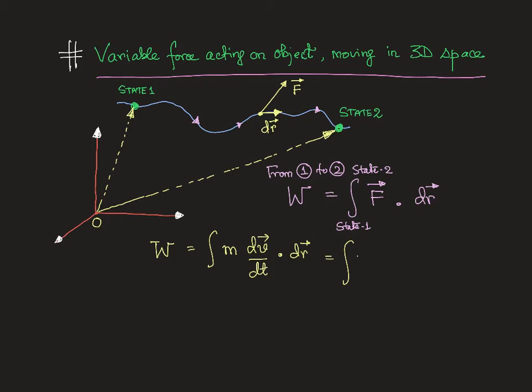Now here again I can shift this dt below dr, so this is dr by dt, and dr by dt is v, as you know. So the work done is equal to the integration of m times v dot dv from state 1 to state 2.